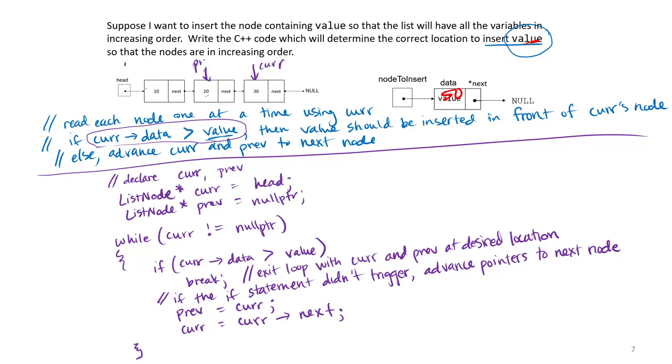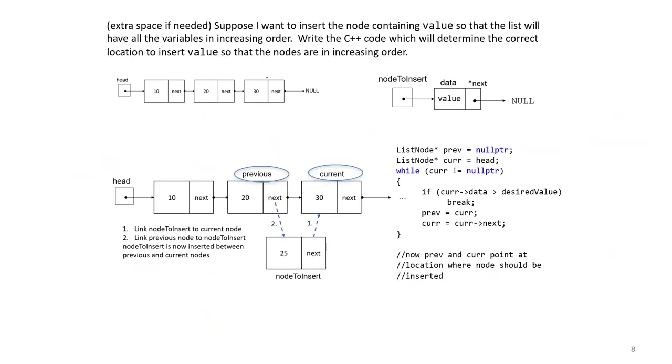For example, if our node contained the value 25, we would want to insert between the 20 and 30, so we would want to have our previous and current pointers oriented as shown here. So once again, here's an example of what that code would look like. You can see that it's very helpful to use a while loop to step through and check each node one by one until we find our desired location.